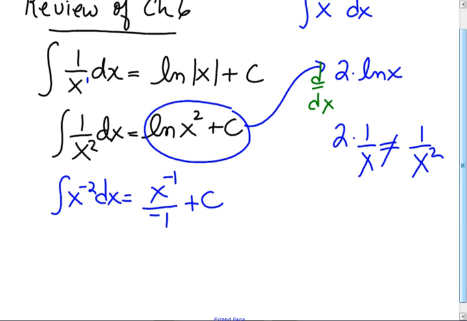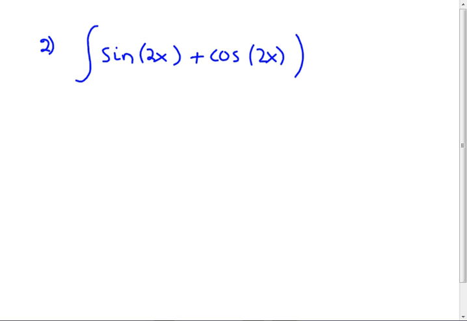That's all. So if we look at the second one, number 2, these are all AP questions. It's the integral of sine of 2x plus the cosine of 2x dx. Okay? Jack, we're working on these. You should get these out.